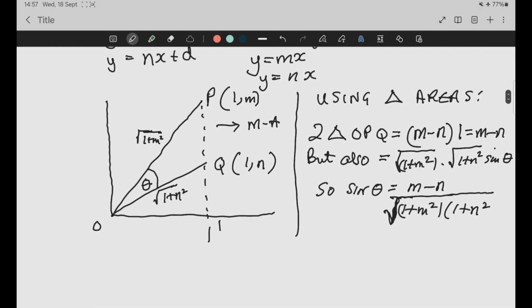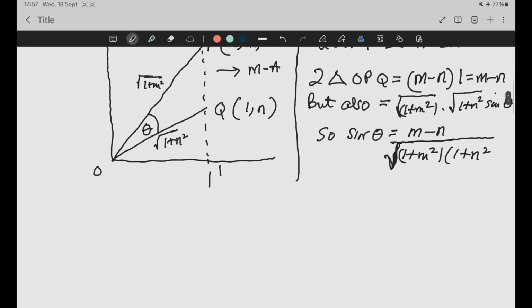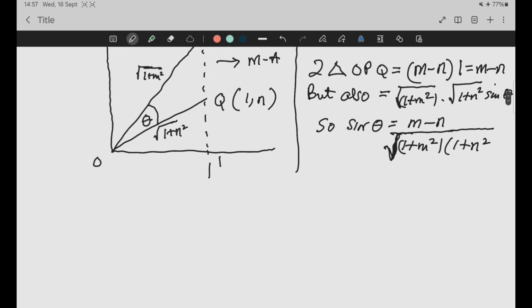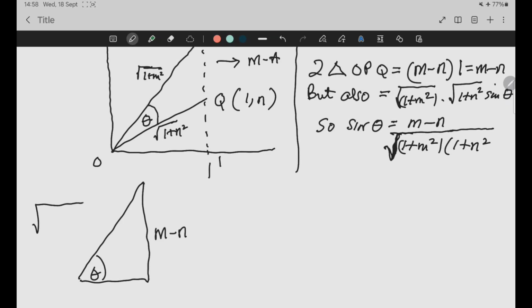However, it is more usual to express it in terms of tan theta for the simple reason that it is easier to remember. So let's see how we can get that done, by drawing a little triangle here. That's theta. That's m minus n, and this side is the square root of 1 plus m squared times 1 plus n squared.